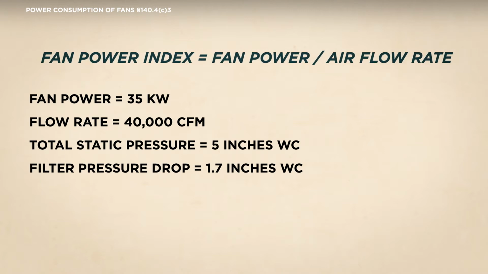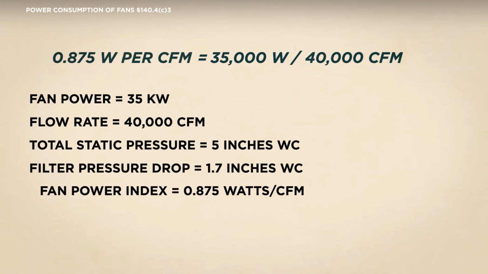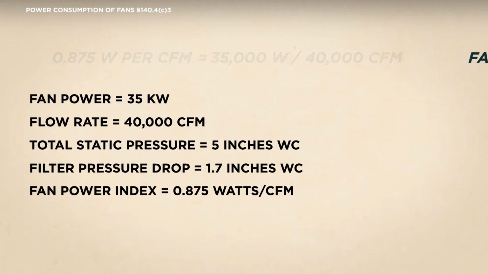First, use this equation to calculate the fan power index. Convert the fan power, which in this case is 35 kilowatts, to watts and divide by the airflow rate, which in this case is 40,000 CFM. The resulting fan power index is 0.875 watts per CFM.